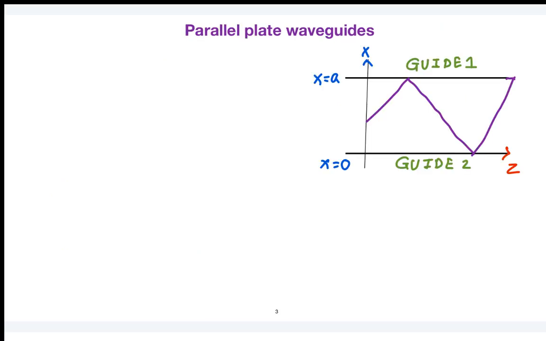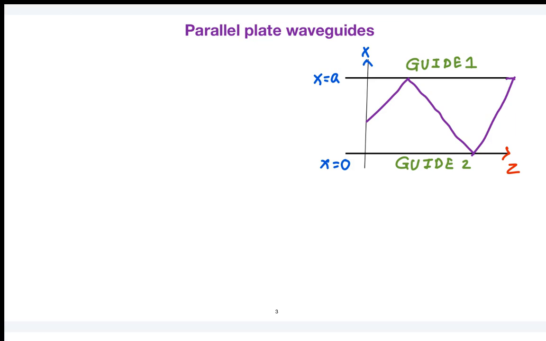So first we will discuss parallel plates. The concept we are going to discuss in the parallel plate waveguide remains the same even if you go for the rectangular waveguide. There is only one additional thing: the wave is restricted in another dimension.